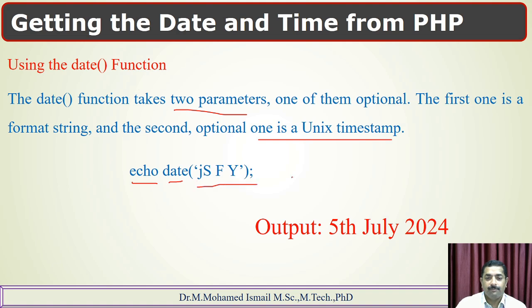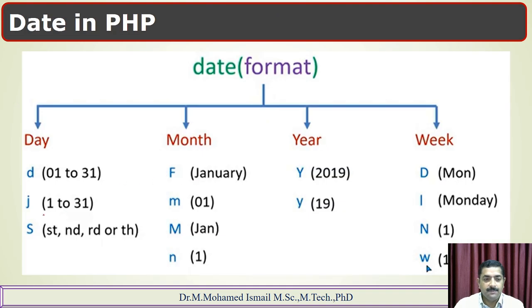These are the formatting characters. It will give 5th July 2024, the date on which I ran the program. So what does j mean? j gives the day of the month, 1 to 31, in single digit.